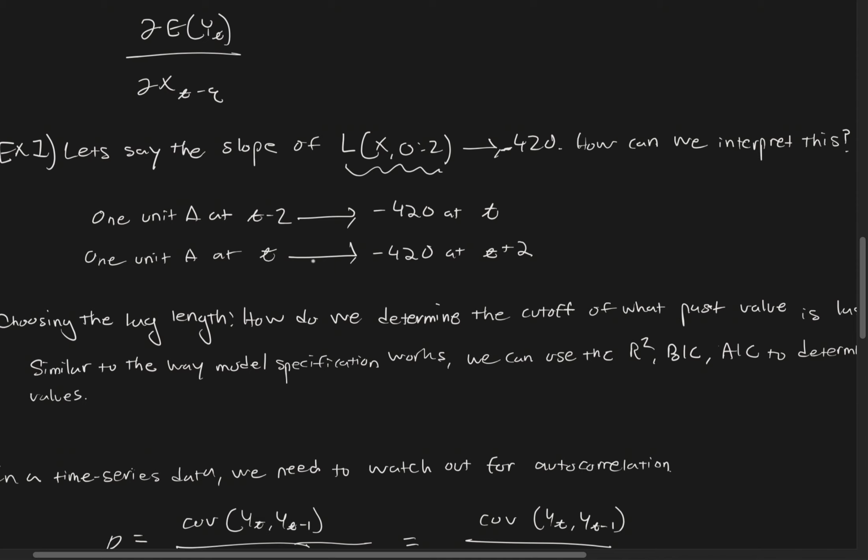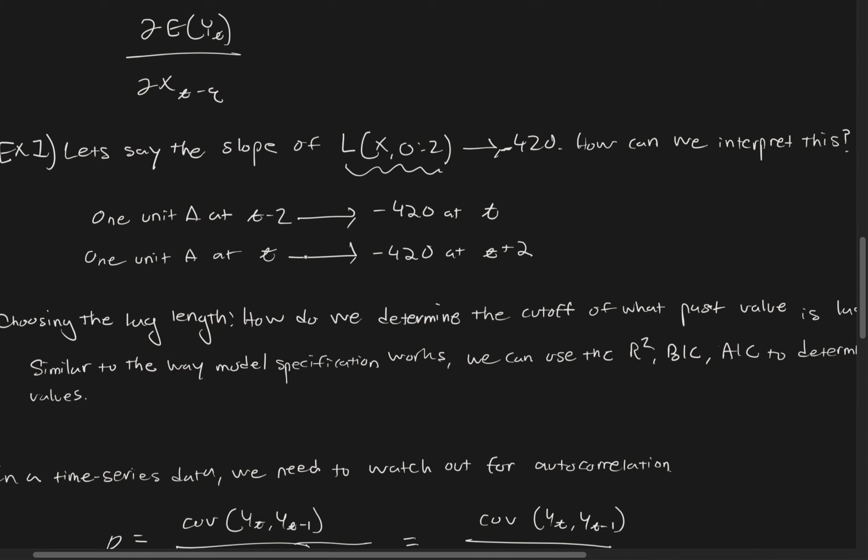So it's not necessarily saying a 1 unit change at t minus 2 has a minus 420 impact on the y output for that t minus 2, but excuse me, a 1 unit change there will have this kind of impact on the present.